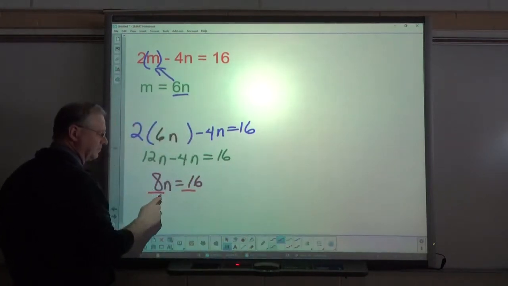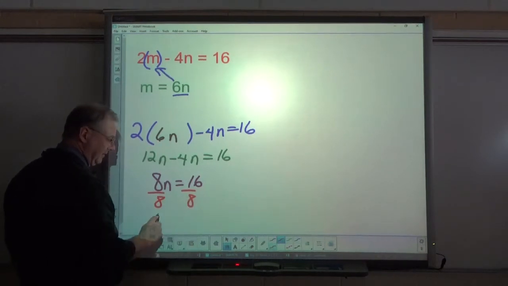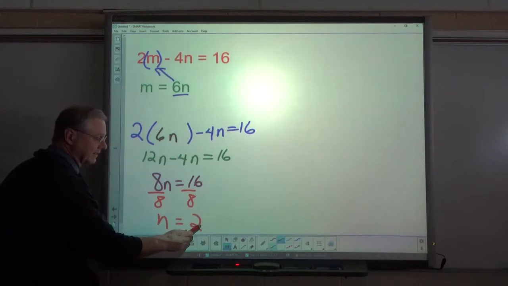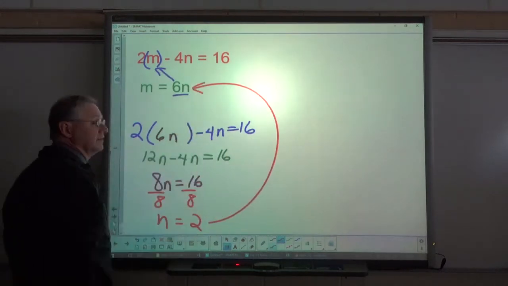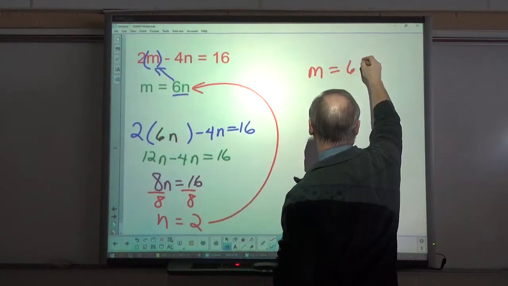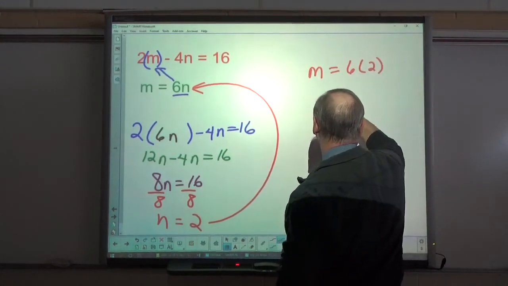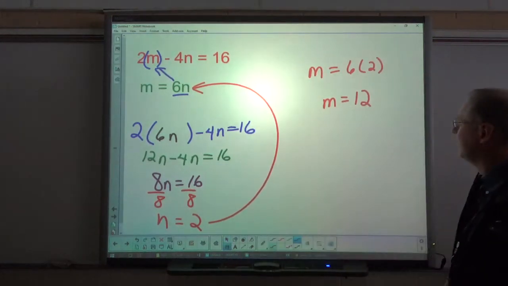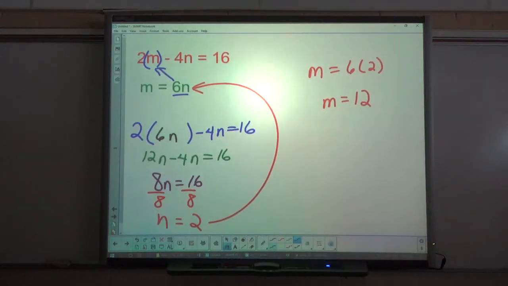And I divide by 8. n equals 2. I'm going to put that back in here. M equals 6 times 2. M is 12. And there I have my answer. M is 12.